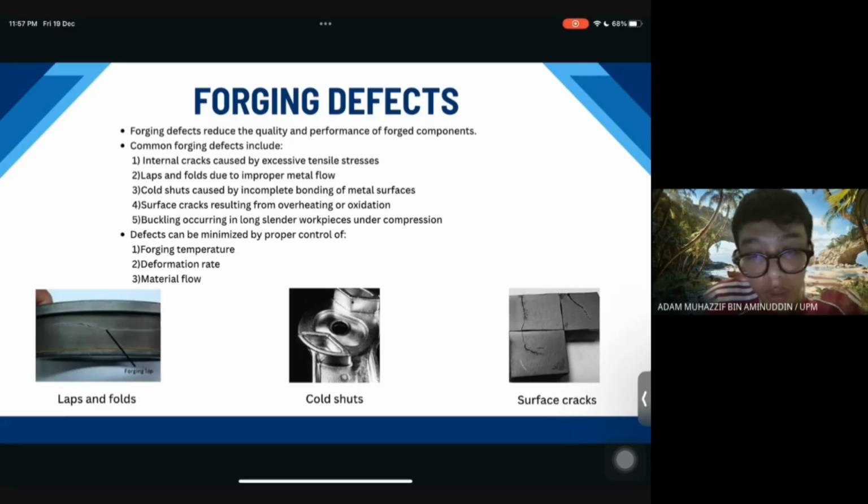Buckling may also occur in long, slender workpieces under compressive loading. These defects can be minimized by proper control of forging temperature, deformation rate, and material flow during the forging process.